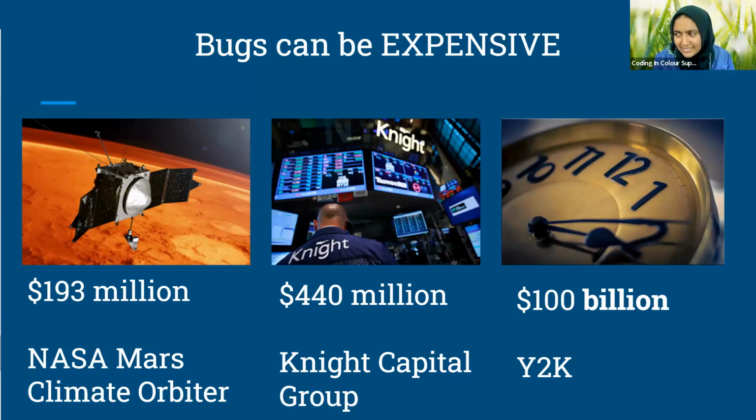Now, what happened was, when the 1990s were finishing up and getting into the 2000s, people realized that when there was a rollover, all of these dates were going to be read as 1900 and not the year 2000 because of that rollover of the century.